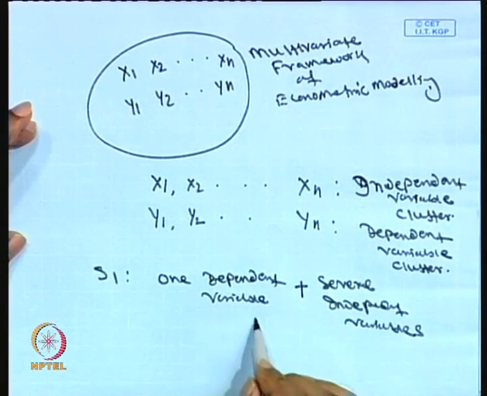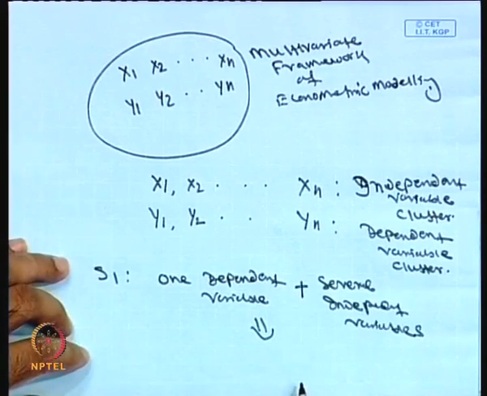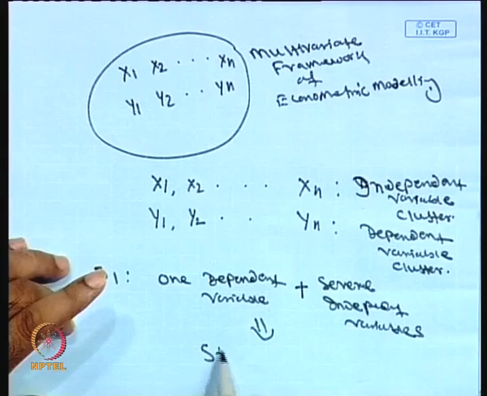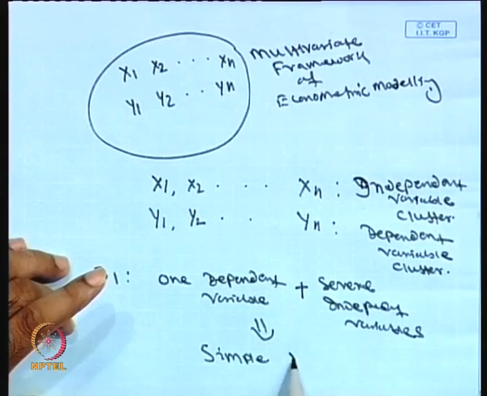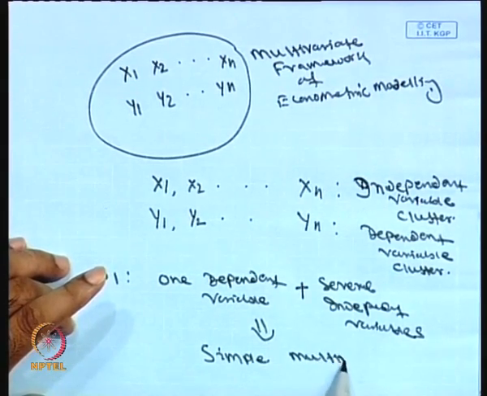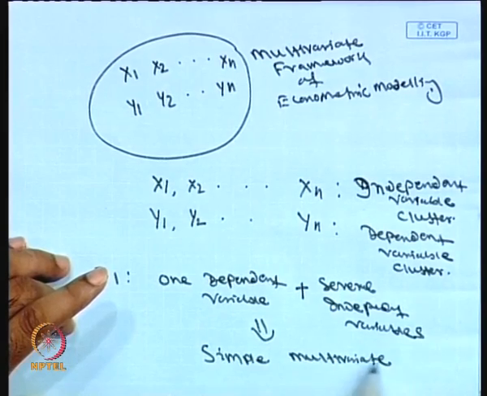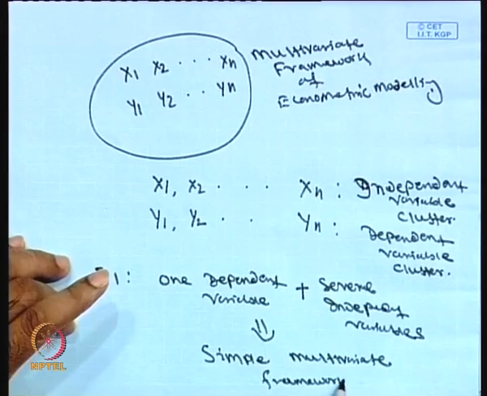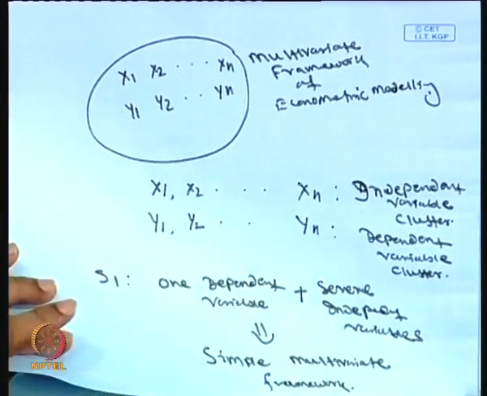This particular structure is called a simple multivariate framework, or simple multivariate modeling.